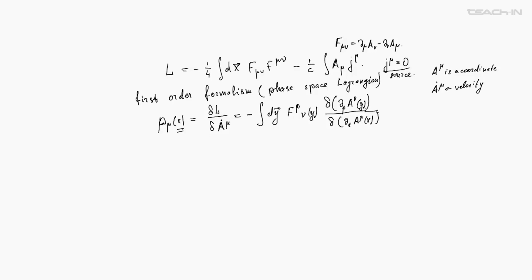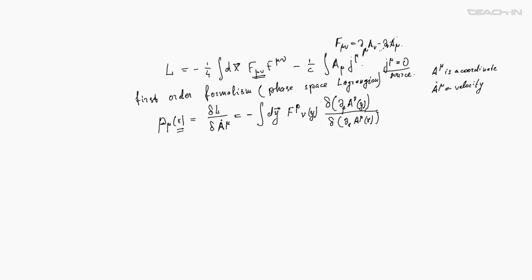But then F itself contains two terms, ∂_μ A_ν minus ∂_ν A_μ. But since the F which remains is antisymmetric in indices μ and ν, we can suppress one of the terms when we do the variation, and just reduce the coefficient -1/2 to 1. That's why this -1/4 turns into 1.